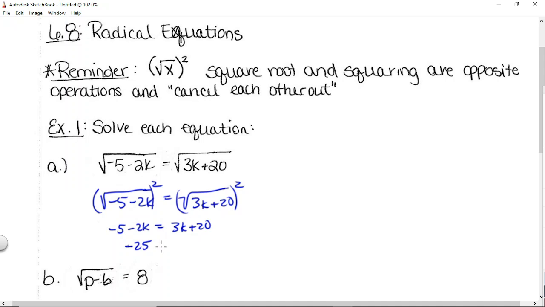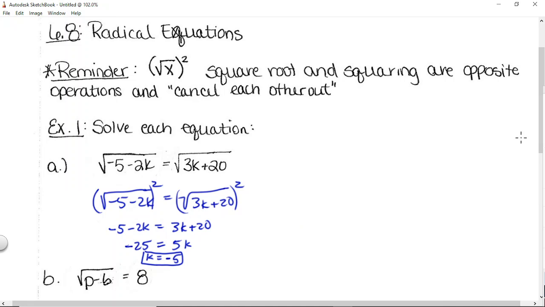We're going to add 2k to both sides. So the negative 2k will be canceled out, right? It's gone. And when we add 2k to the other side, we get 5k. And now we divide both sides by 5. We get k equals negative 5.